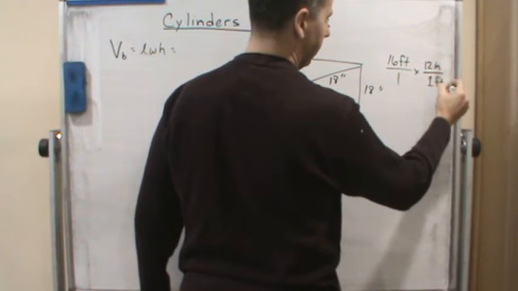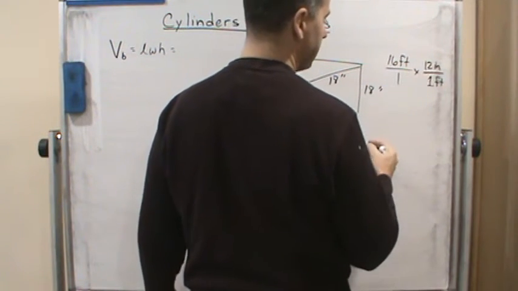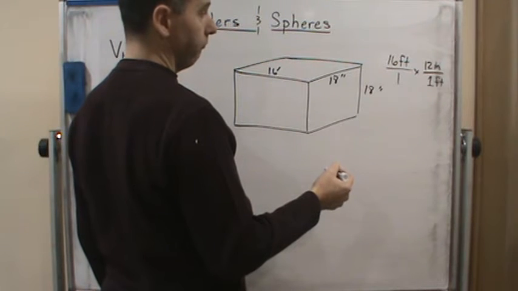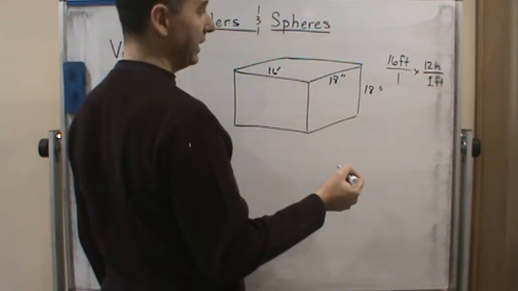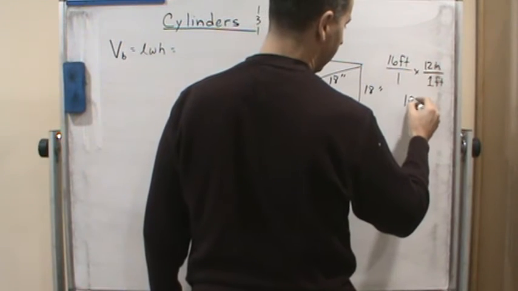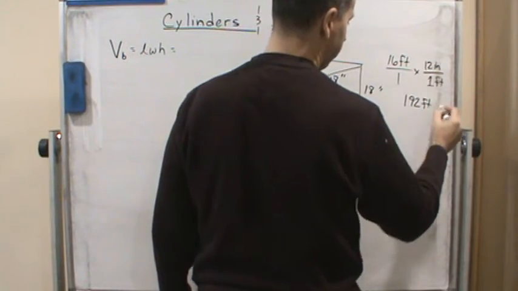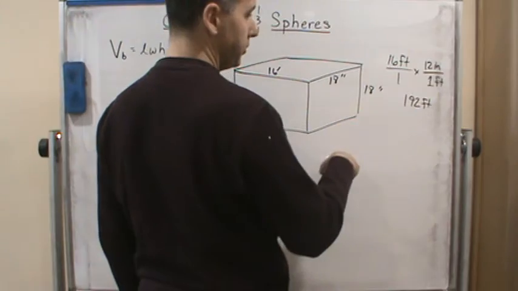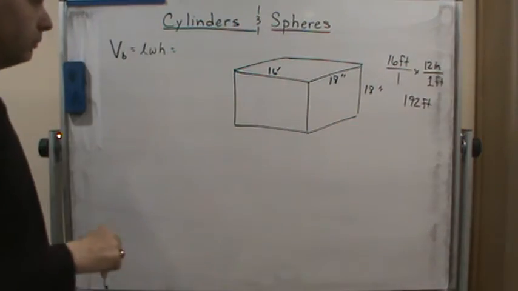So we just do 12 times 16, which is going to give us 192. Double check that: 160 plus 32, yeah, 192.